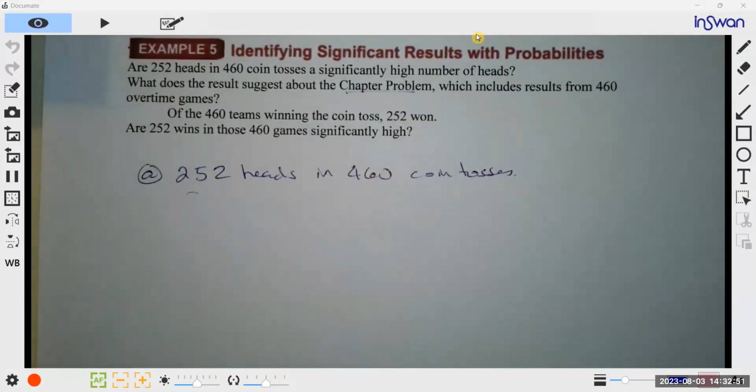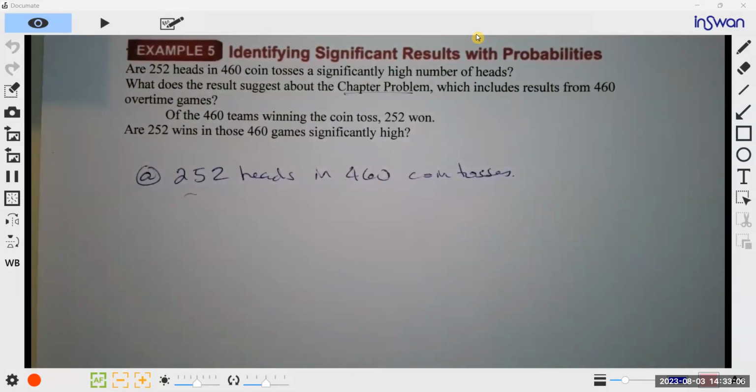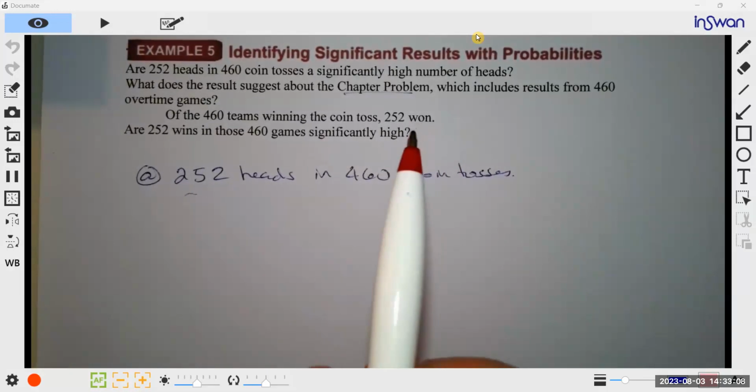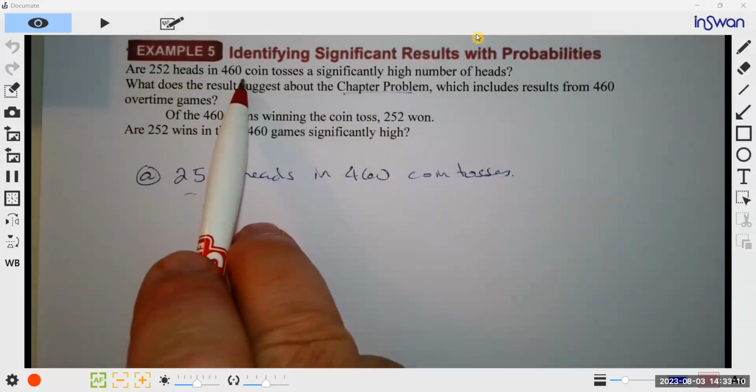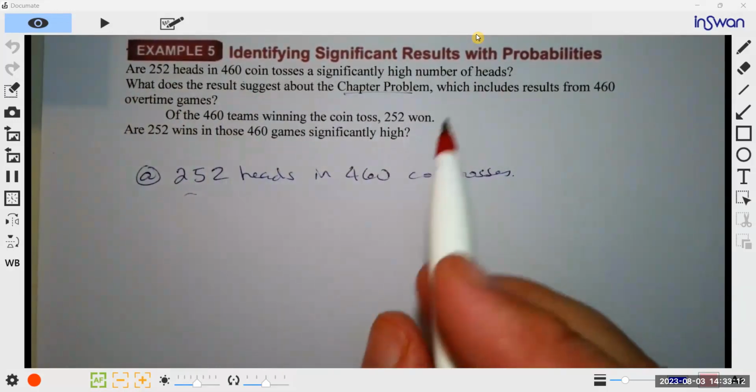I don't know why I put this in there. Oh well. 252 and 460.